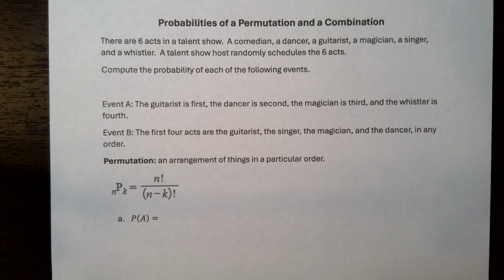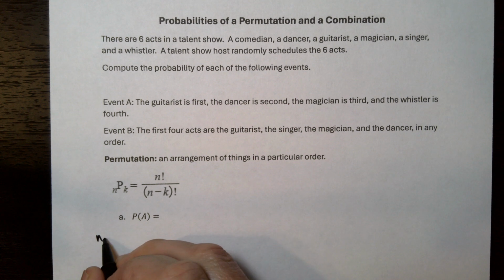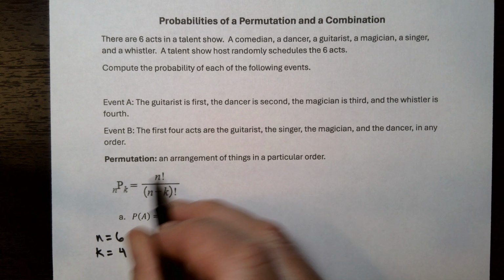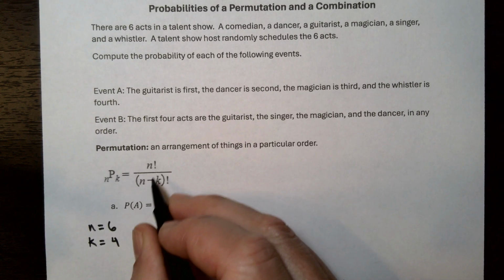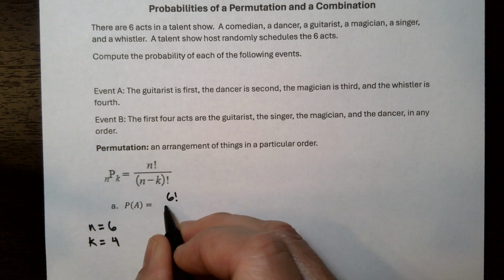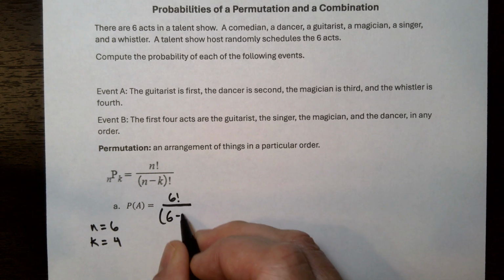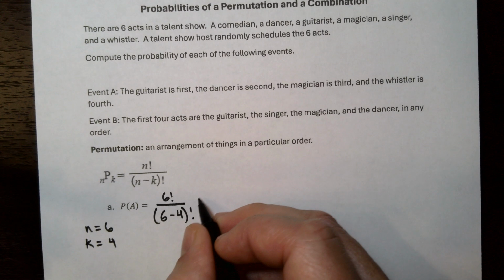For the probability of A, we have that N is equal to 6 and K is equal to 4. So I set it up like this. N would be on top, 6 factorial, and on the bottom we would get 6 minus 4 factorial. And 6 minus 4 is 2.